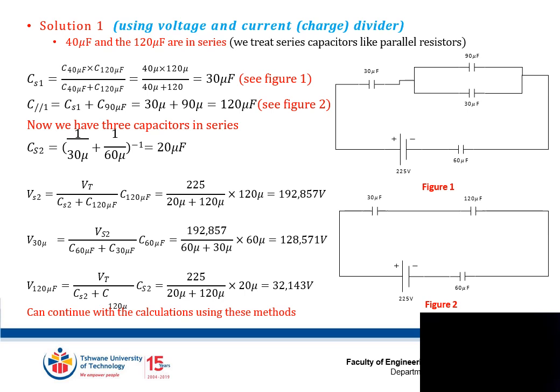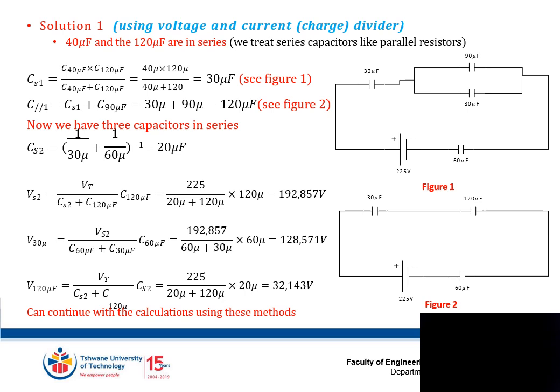So you can go further, calculate the voltage for 30, which would be your total voltage now is 192.857 divided by 60 plus 30 times 60. It gives you 128.571. Then it means for the 60 it will be the 192.857 minus 128.571.